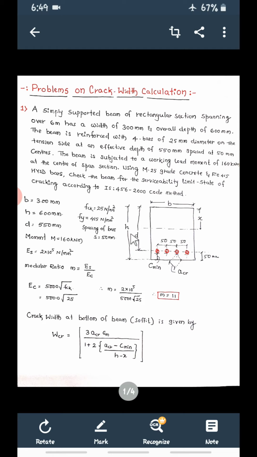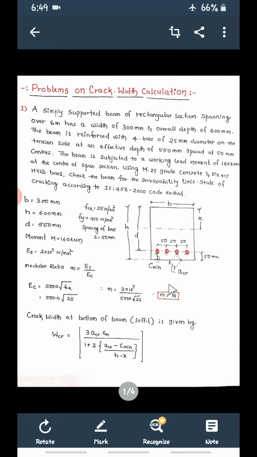The overall depth is 600, that is capital D or small h, so 600 minus the effective depth 550. So from the bottom to the center of the bar is 50 mm.